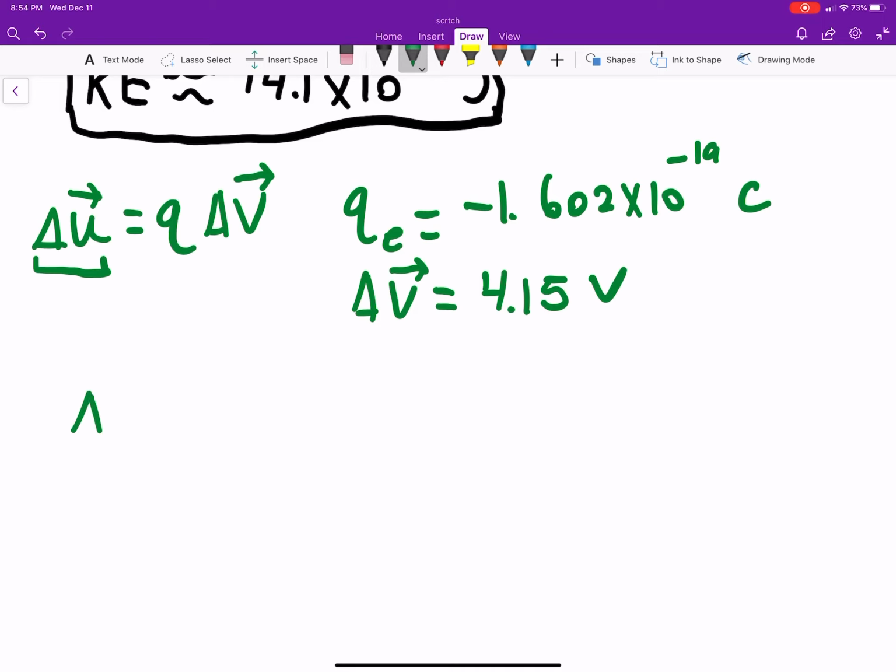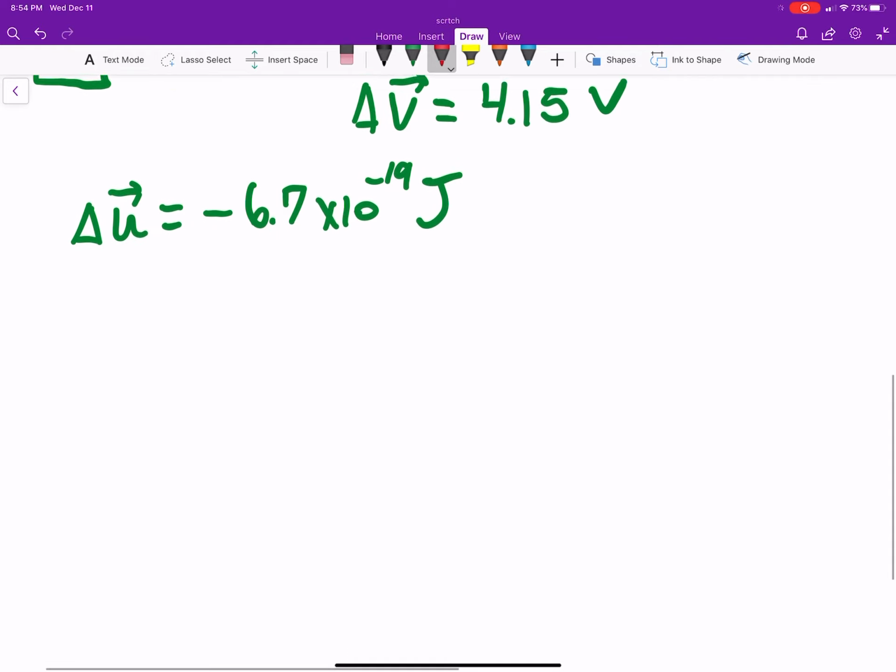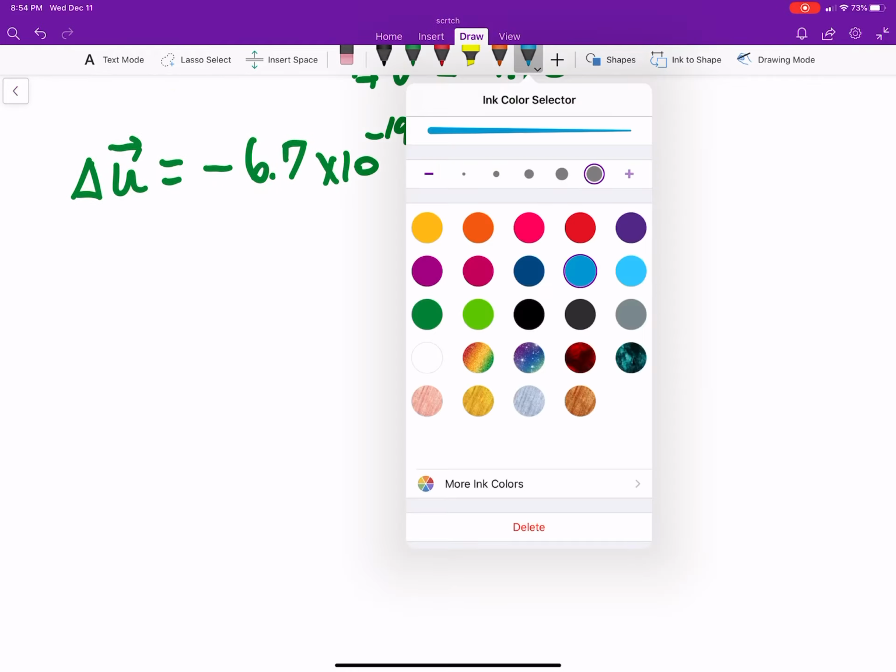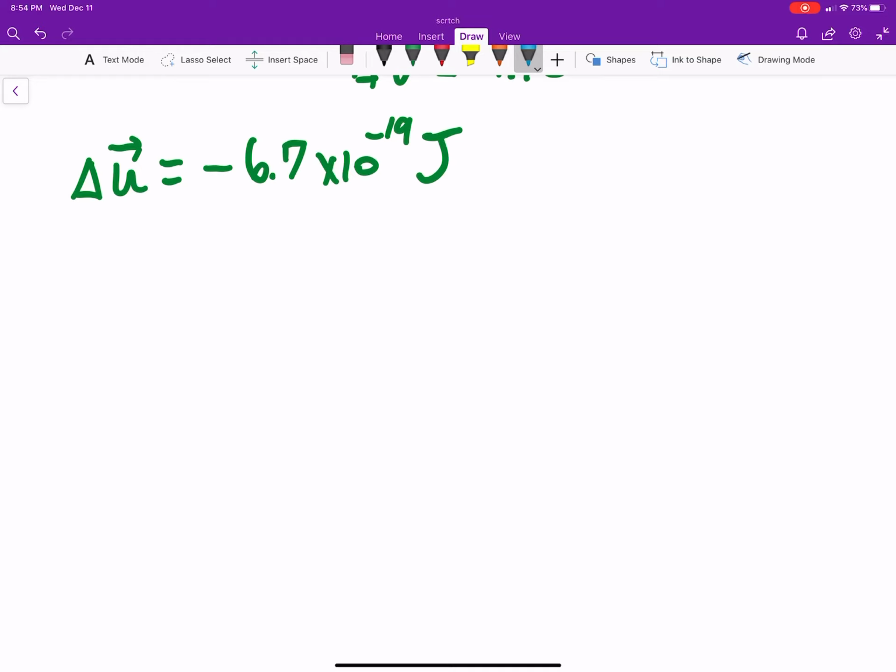Anyways, we have those values, so we can find that our change in potential energy is going to be negative 6.7 times 10 to the negative 19 joules, if you plug all that in. Now what we can do is look at the law of conservation of energy.